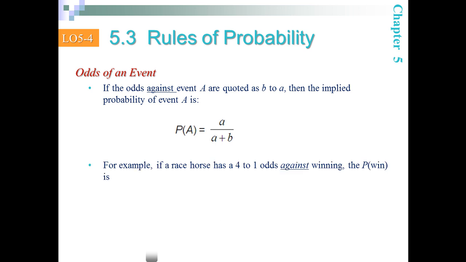And here's that same example except for 4 to 1 instead of 5 to 1. The odds against a horse are 4 to 1, and so the probability of winning is 1 over 5. And again, this is something that's oftentimes used just with the subjective approach to probability. How do you come up with 4 to 1 for odds against a horse winning?